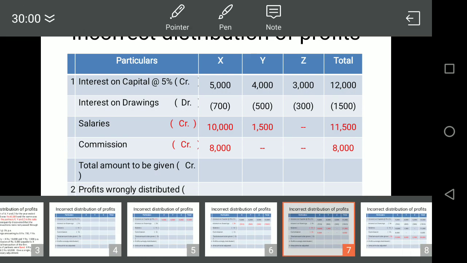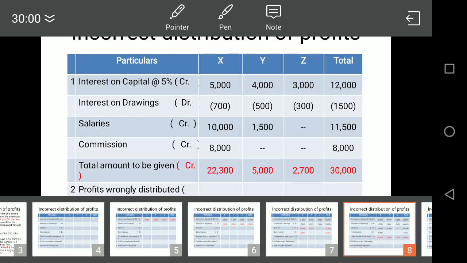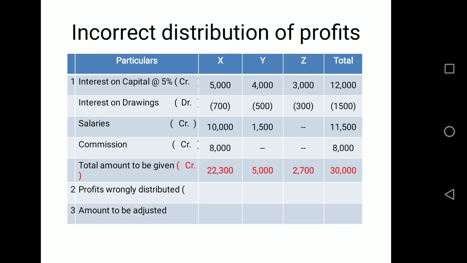So let's see what will be the total amount to be given to the partners if this is given according to the provisions. For X, 5,000 plus 10,000 plus 8,000 and minus 700, that comes to 22,300. For Y, it is 5,500 minus 500, 5,000, and for Z, it is 3,000 minus 300, 2,700.